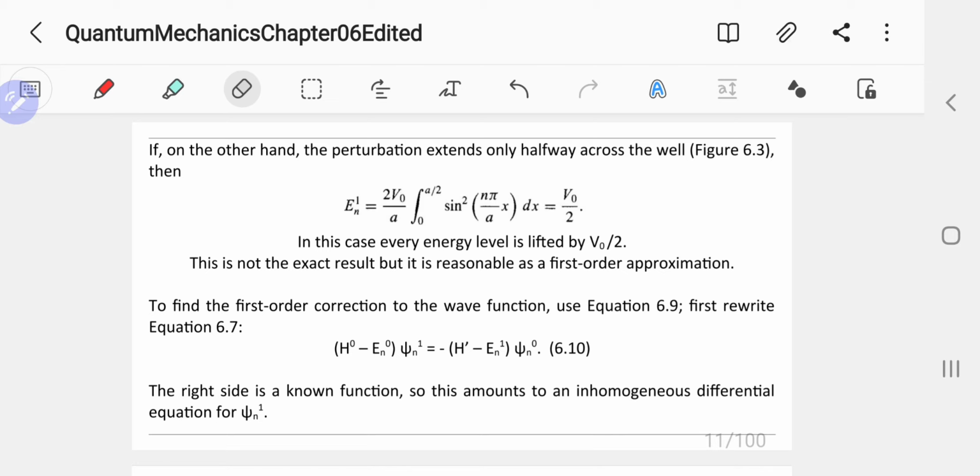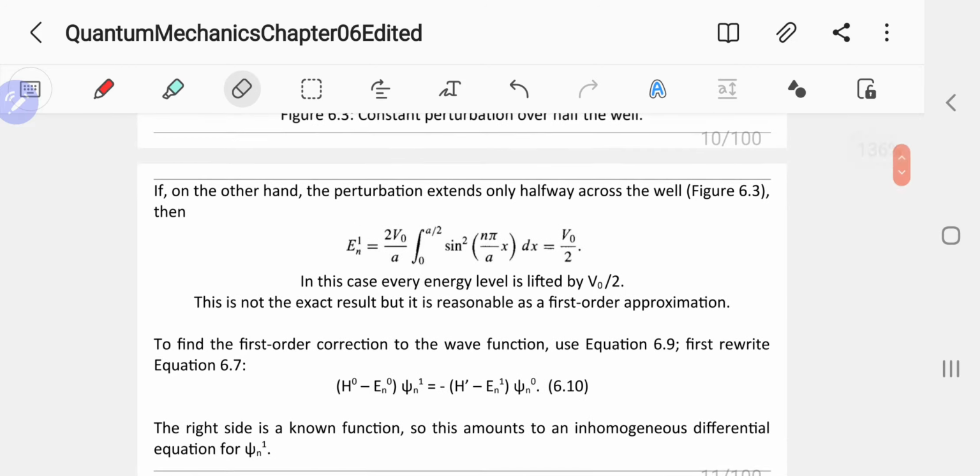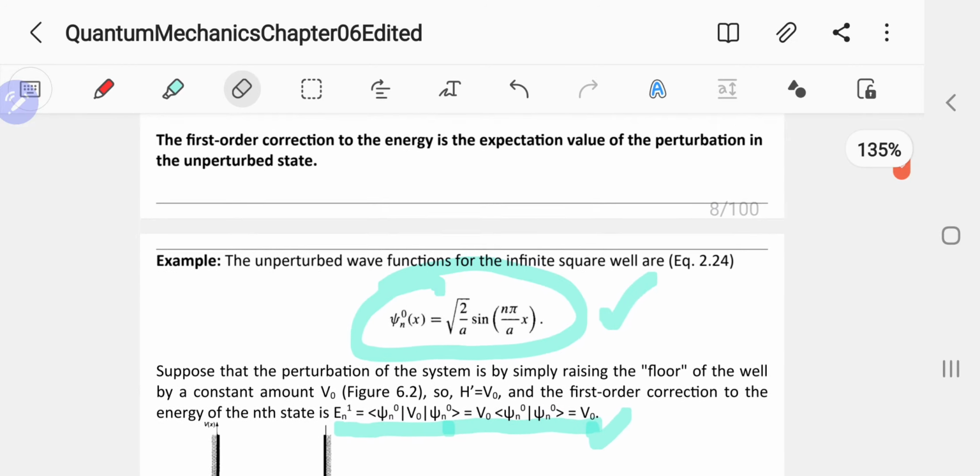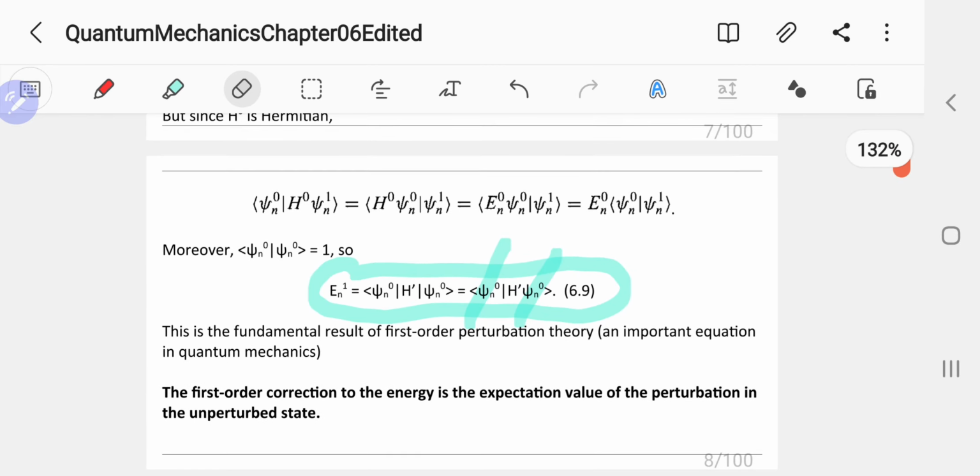Now, to find the first order correction to the wave function, we use equation 6.9, and we will go back to that equation. Let's take a look at this equation.